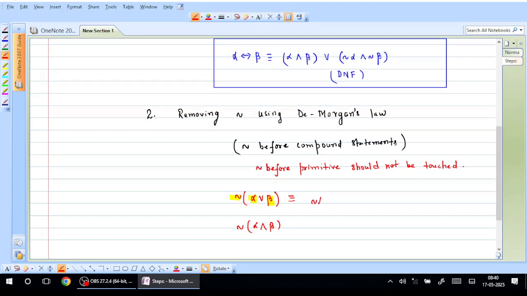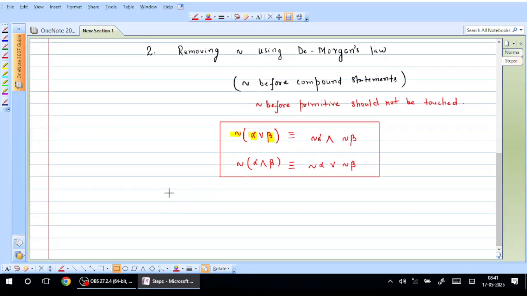So the negation of alpha join beta becomes negation of alpha meet negation of beta. In the same way, for the second statement, negation of alpha meet beta, meet will become join: negation of alpha join negation of beta. So these are De Morgan's laws, and one thing which is very crucial here is that negation before a compound statement should be handled, not before a primitive statement.